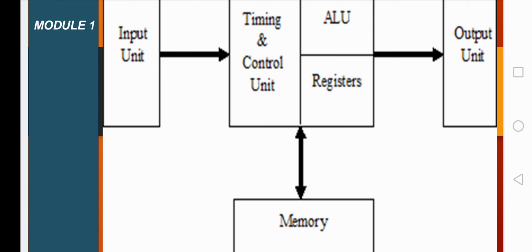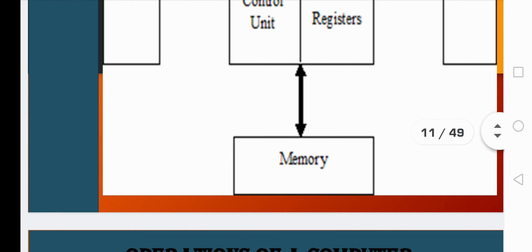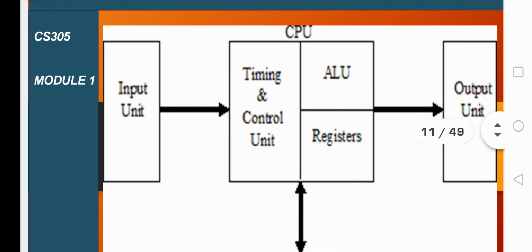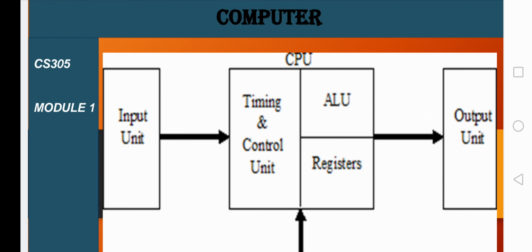Whatever input is given by the user is taken by the processor. All the information that requires memory storage is transferred to the memory and saved, or maintained in the memory for a longer period. At the time of execution, such information is taken from the memory, and processing is carried out in the CPU.